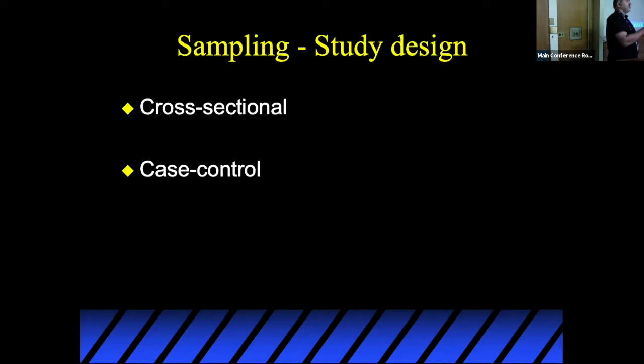And cross-sectional means basically within a specific period of time, you enroll everyone and you do the index test and gold standard on everyone. Like within a month, anyone with PE gets the D-dimer and the CTA. Everyone gets the index test, everyone gets the gold standard in a period of time.